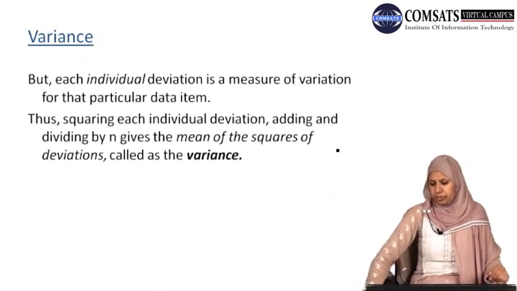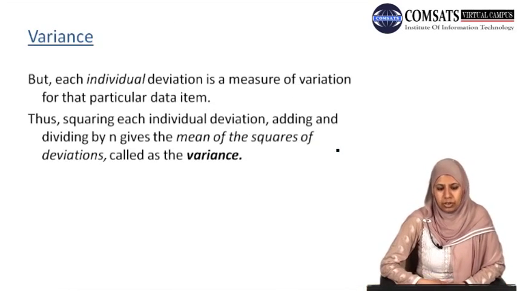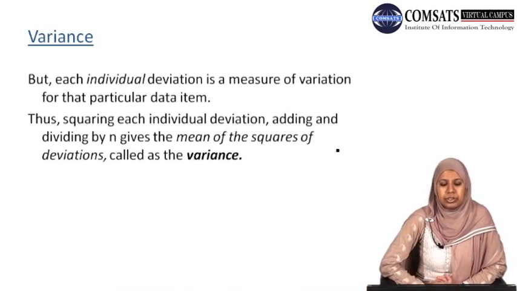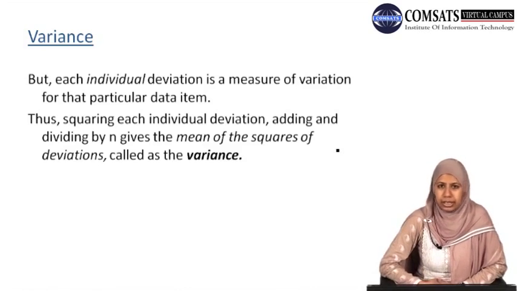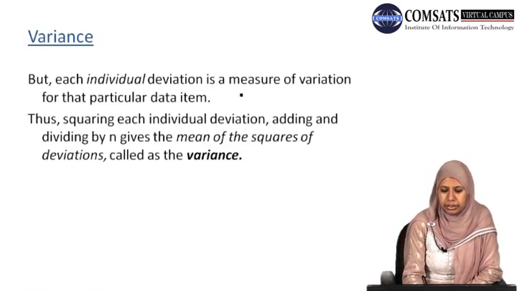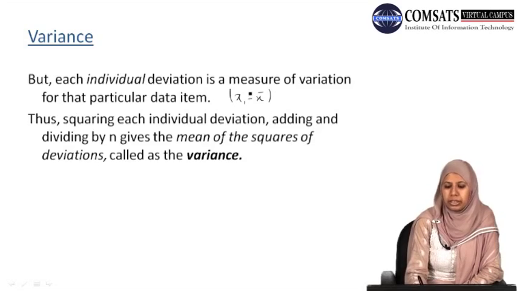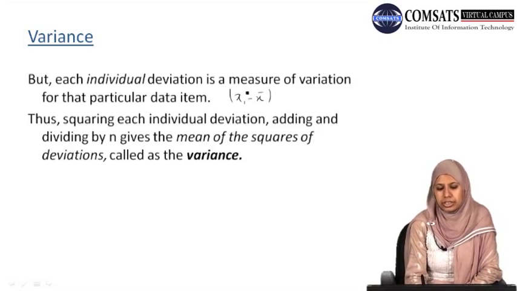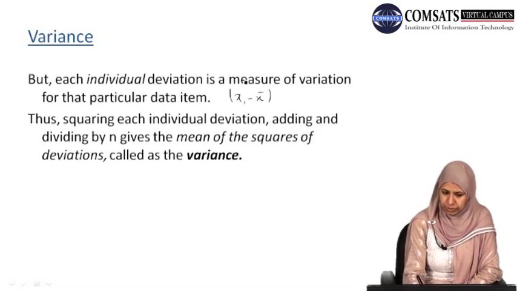Then for this purpose we define one thing called the variance, where each individual deviation is a measure of variation for that particular data item. That is, we know that the difference of the data set point x1 from the mean is nothing but the variation for this particular data item x1.